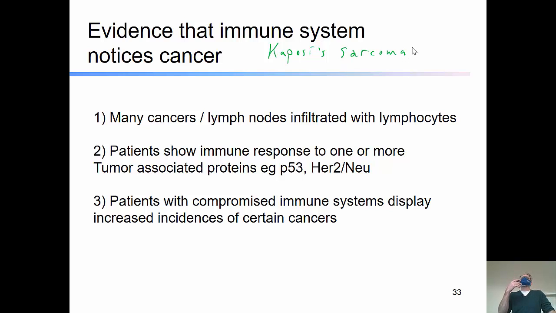It causes facial lesions, and it was found that these were developing at a much higher rate in people that had HIV infections. People were 500 times more likely to get Kaposi sarcoma, for example. And this was a cancer that was associated with AIDS at the time.